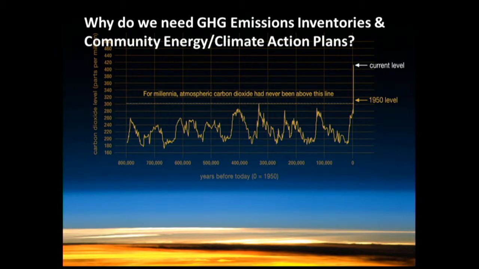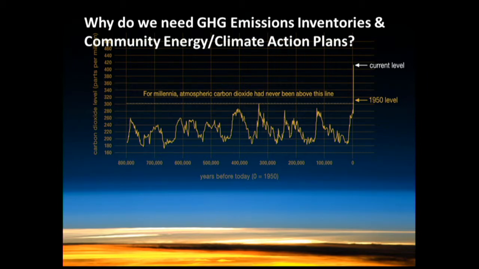That chart shown there is a historical chart of greenhouse gas emissions over hundreds of thousands of years. So greenhouse gases are carbon dioxide, methane, nitrous oxides, and a few other gases that essentially trap heat and hold it in our atmosphere.